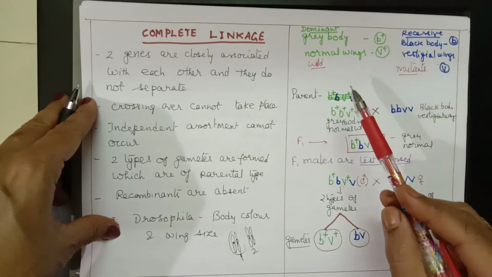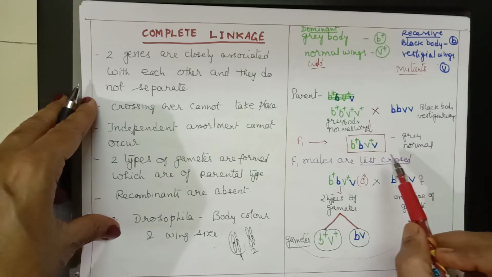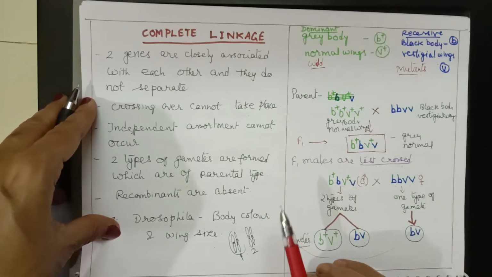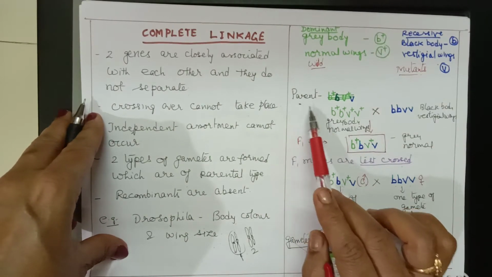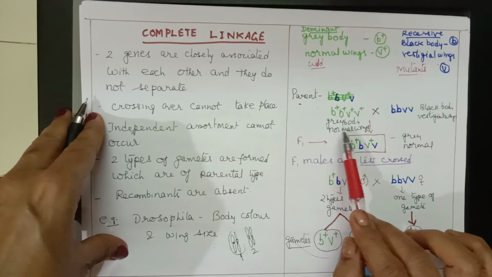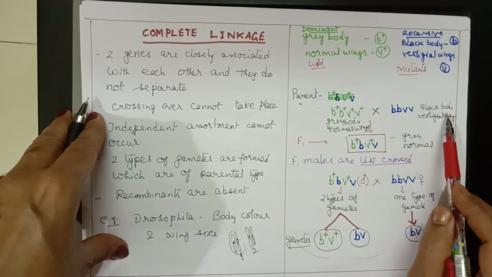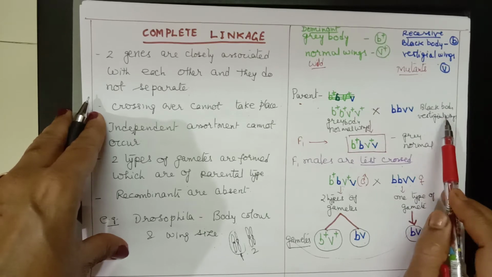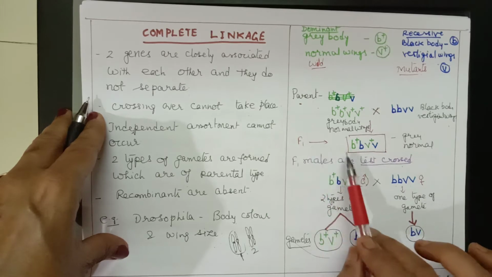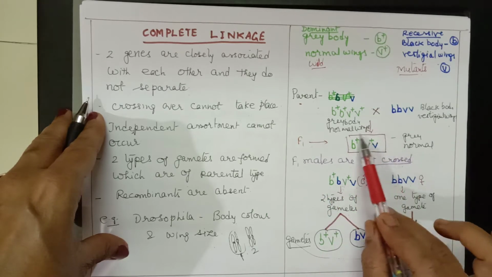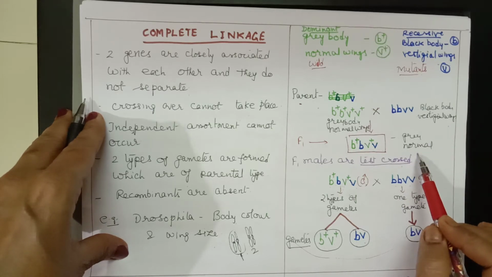Now complete linkage is observed here. Let us see, by understanding a cross, what the ratio is to identify a complete linkage. If we take a parent with gray body color and normal wings, crossed with a completely recessive parent, black body with vestigial wings, F1 is completely dominant, gray body color and normal wings.